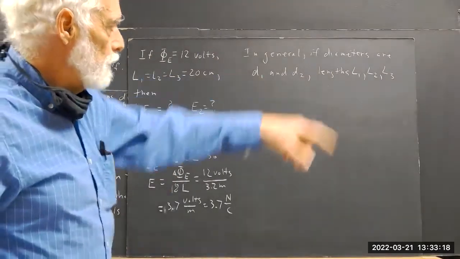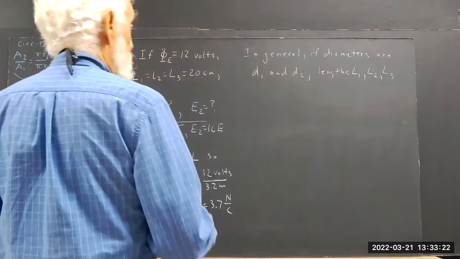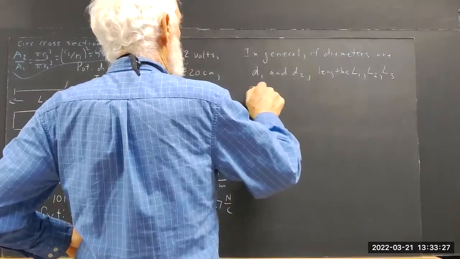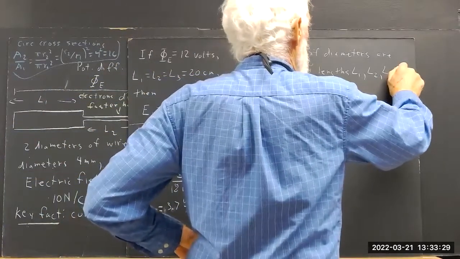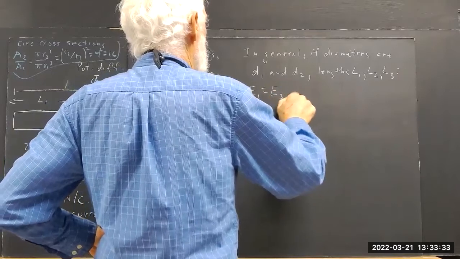diameters are D1 and D2, lengths L1, L2, and L3. What can you conclude? That still E1 equals E3.